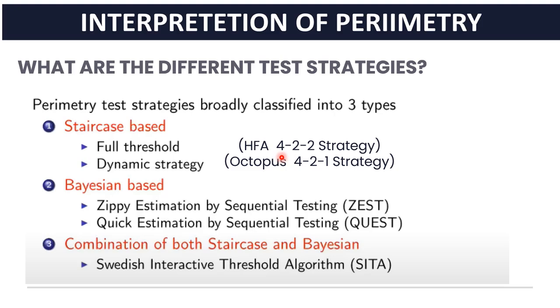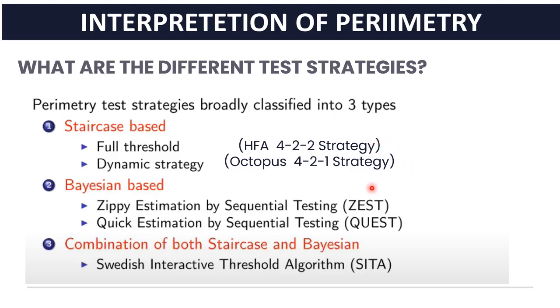That is, we project a stimulus. Then if the patient sees it, decrease the brightness by 4 decibels. Then if the patient does not see the stimulus, increase the brightness by 2 decibels, and then another 2 decibels, so that it takes the threshold point in between these two points. This is called the 4-2-2 strategy or full threshold strategy.